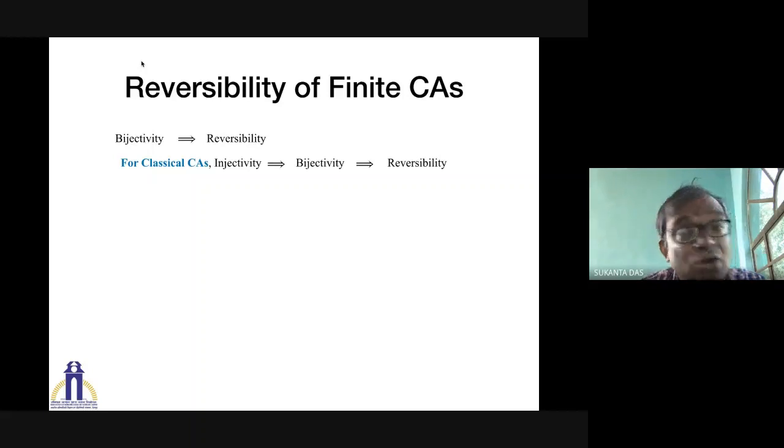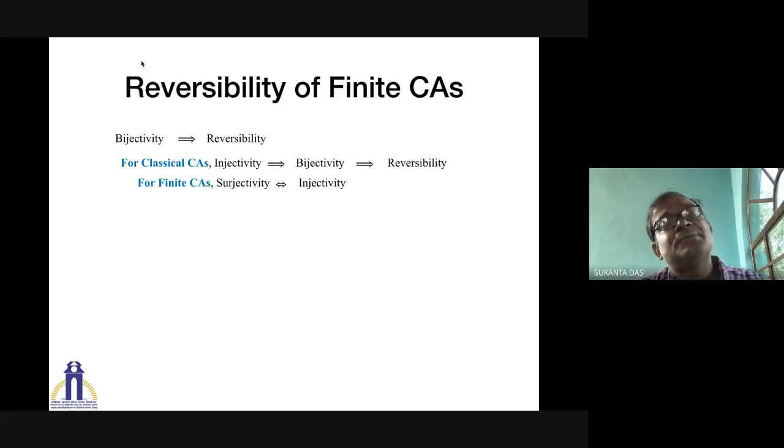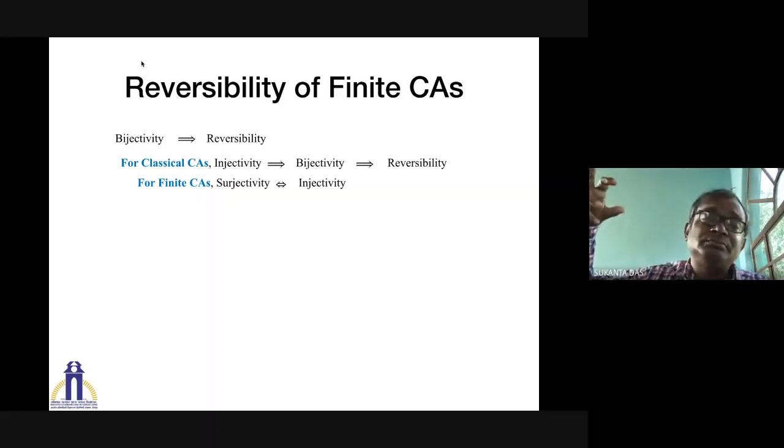However, for finite CAs, surjectivity implies injectivity. Injectivity in classical CA also implies surjectivity, but the speciality here is that surjectivity itself implies injectivity. What is the meaning of surjectivity? In the codomain all the elements are covered.